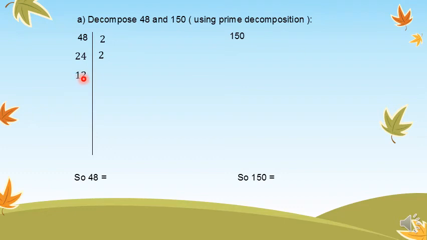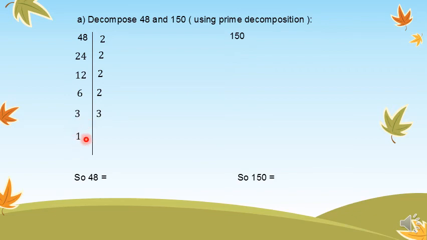Again, 12 is an even number, it's divisible by 2, so we write the answer here, it's 6. Think with 6. 6 is an even number, so it's divisible by 2. 6 divided by 2 will give me 3. 3 is a prime number, so I can divide it only by itself and 1. 3 divided by 3, the answer will be 1.